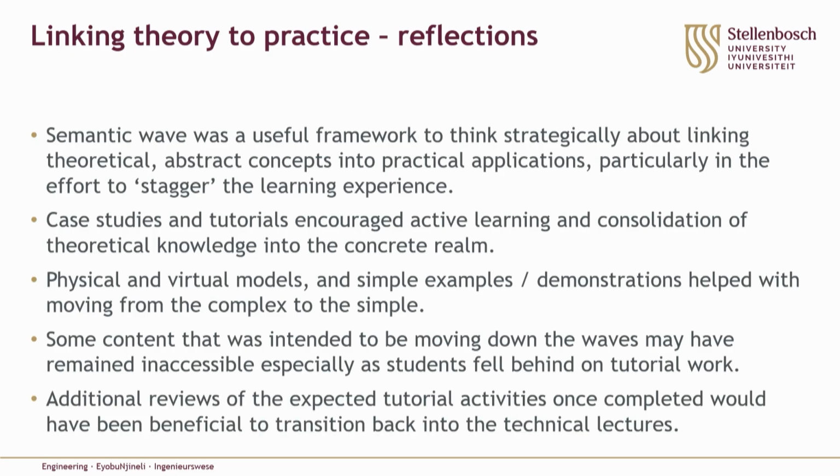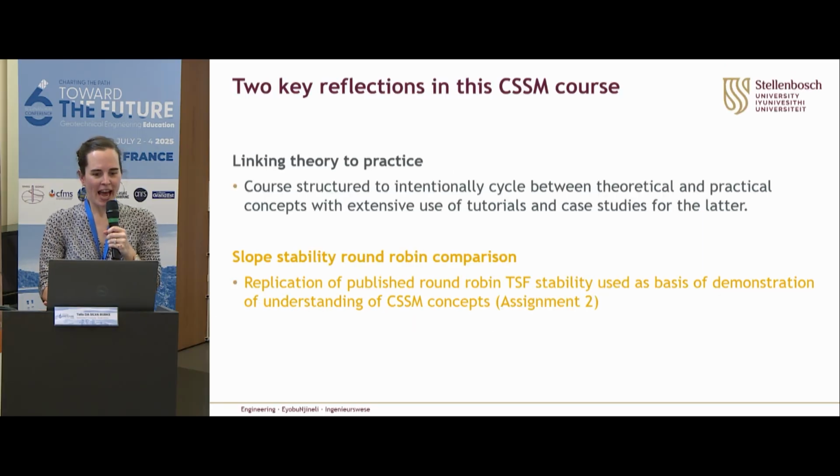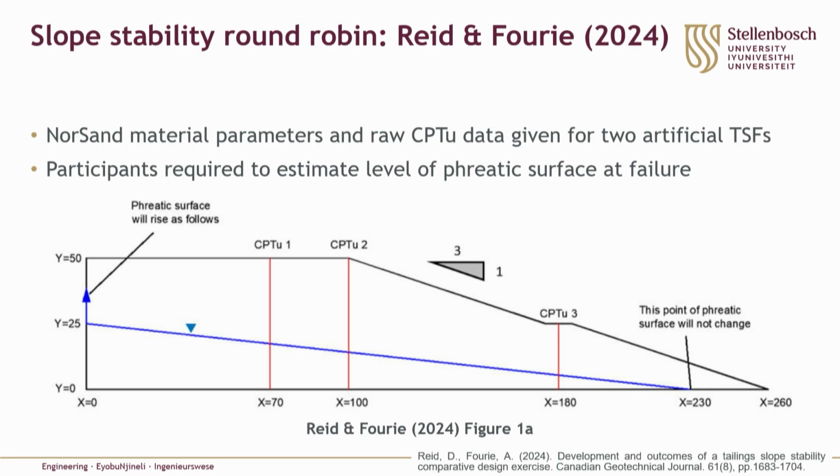I'll just go very briefly through the second thing, which I wanted to say was the slope stability round-robin comparison. Now, this was really interesting to me because I gave the students a paper round-robin that they had to replicate for their assignment. So they had to take their knowledge and replicate this round-robin slope stability analysis and analyze the data.